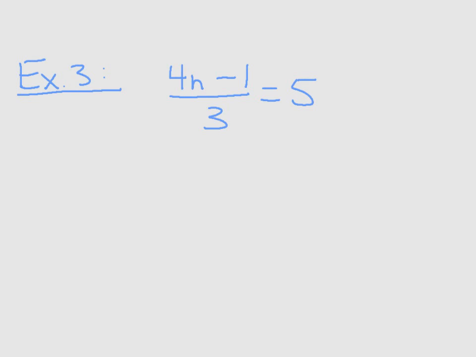Okay? Now here you have three things attached to n on the left side of your equation. You have this 4, you have a -1, and you have a 3. Okay? Now, thinking about what's the furthest away from your n, 4 is the closest, obviously, but between a -1 and a division of 3, which one's further?